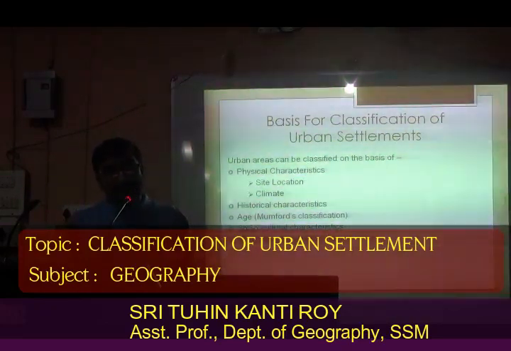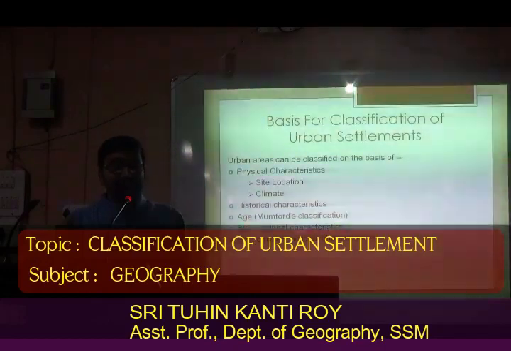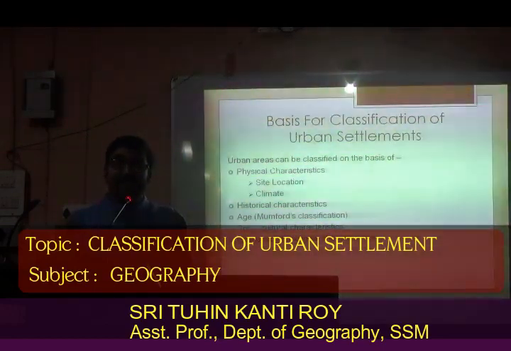We know very well that for any kind of classification, there must be a basis. And in case of urban settlement, there are a few bases which we can identify. Like physical characteristics of the place, which include site characteristics and the climatic features of that place.